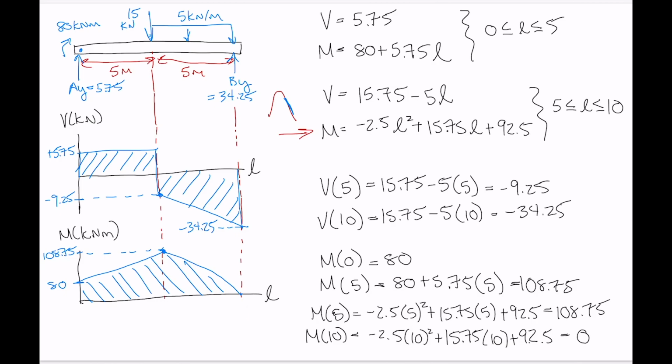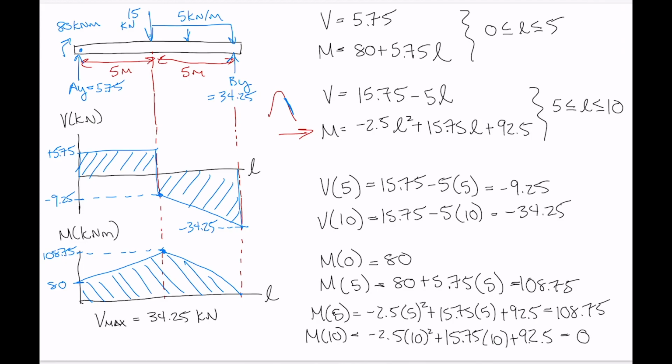So if we were going to write these, our maximum value of internal shear is 34.25 kilonewtons, and I'm just taking the absolute value there because a positive or negative just tells us whether that internal shear is acting upwards or downwards on the left-hand section cut that we've made, and whether it's positive or negative doesn't affect the fact that it's going to cause shear stress.